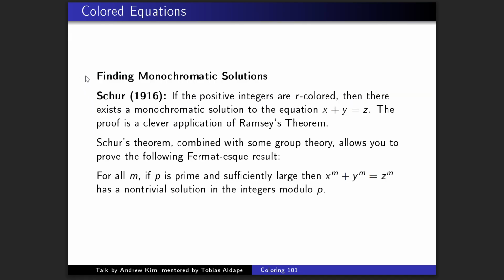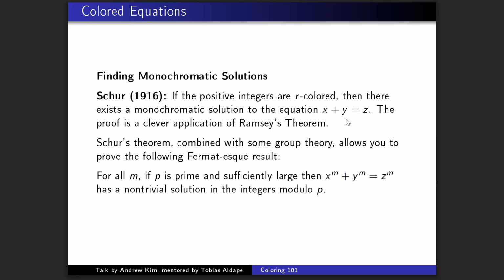So the next topic I want to talk about is monochromatic solutions to systems of equations over the integers. There's this nice result from Schur in 1916, which says that if the positive integers are r-colored, and you can recall the definition of r-coloring, it's assigning a color to each integer, just like we did in van der Waerden, then there exists a monochromatic solution to x plus y equals z.